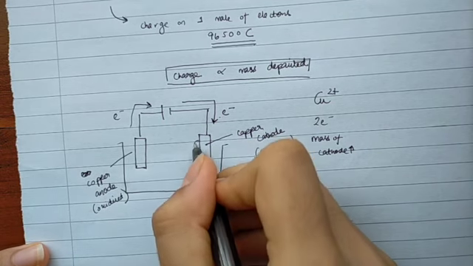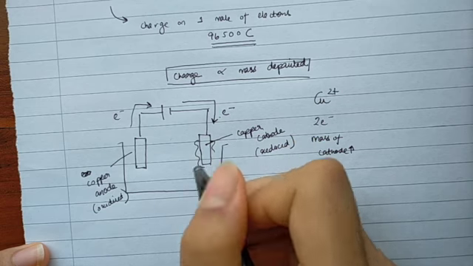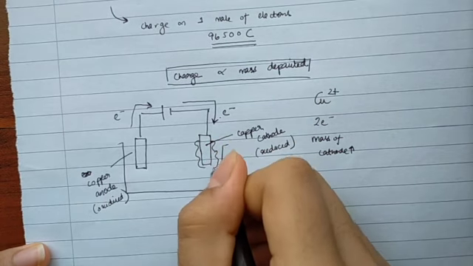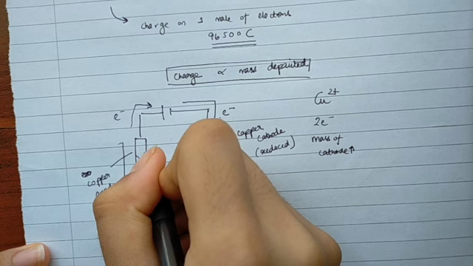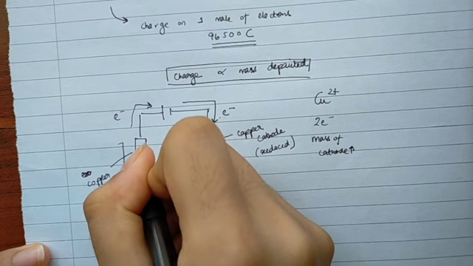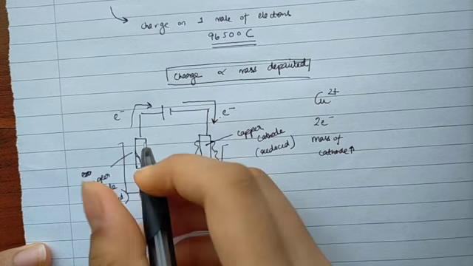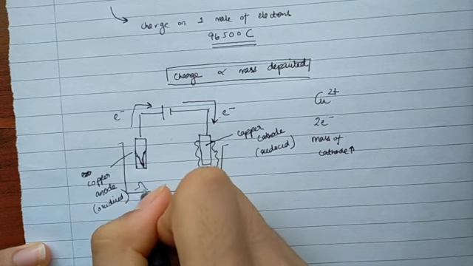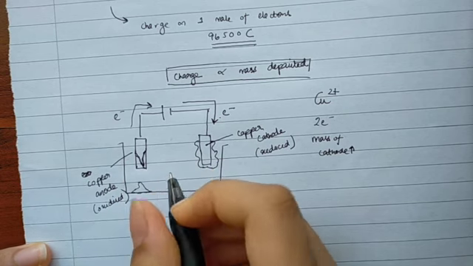And you probably know this will have pure copper around it, and the impure anode will shrivel down, and all the impurities will fall down here.